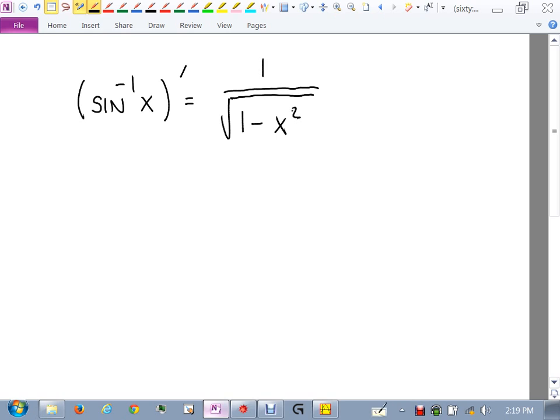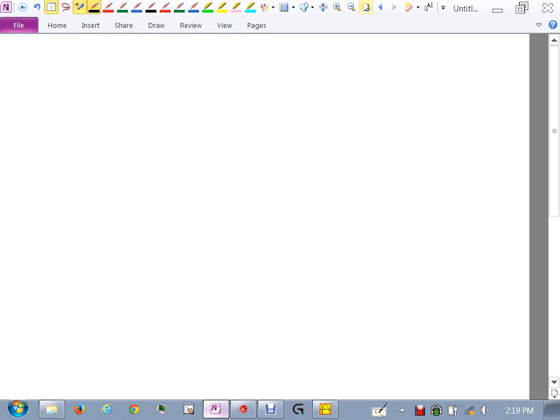But because, again, I think the development of the formula is so important, I would like to show you where the arc cosine derivative comes from. So what about this? What if I have y equals cosine inverse of x, and I'd like to know what its derivative is? Tell me what the derivative of that is.